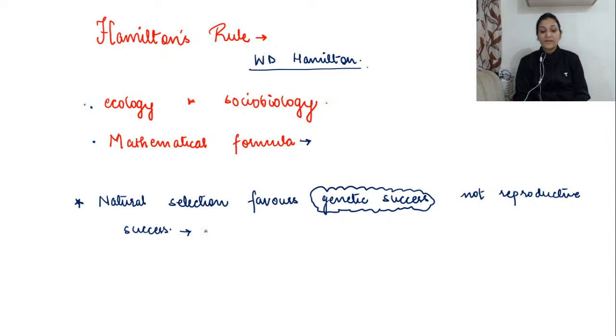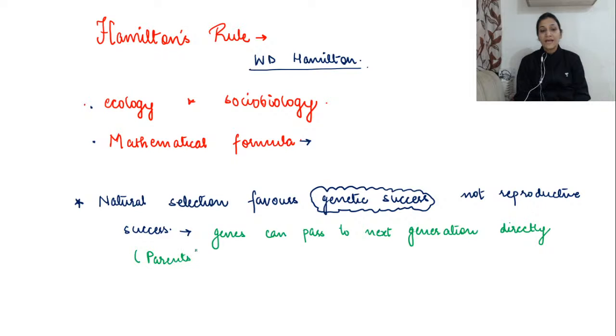So we'll write over here that genes can pass to the next generation directly, and this directly is going to include parents, and indirectly.